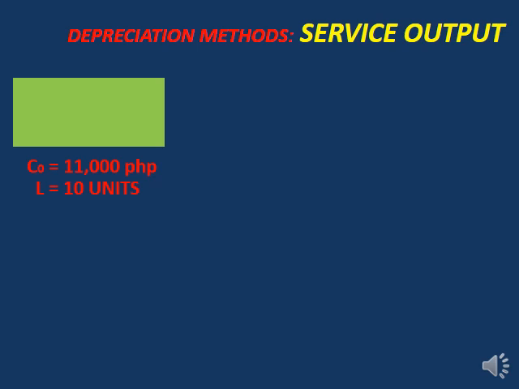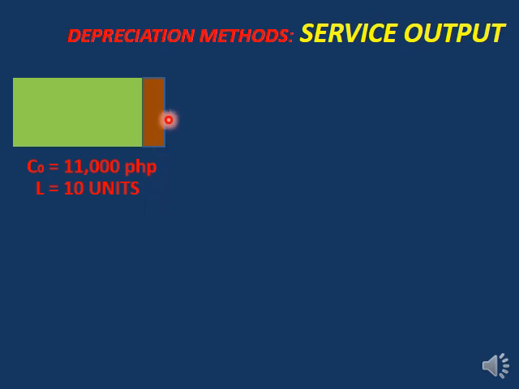And this photocopier is capable of printing 10 units, that means 10 million pages. After printing 10 units, this photocopier will totally disintegrate and not be capable of delivering its service. So it will be totally worn out after printing 10 units.